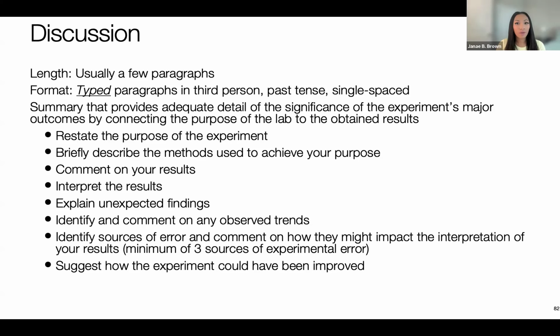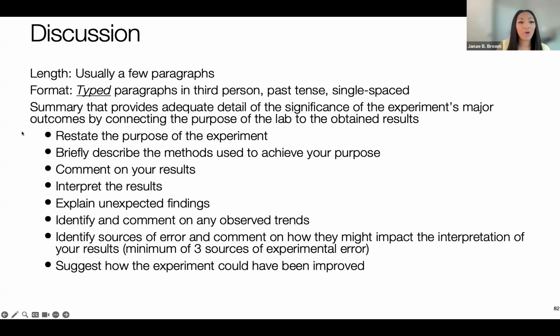As an overview of what the discussion is, it's a summary that provides adequate detail of the significance of the experiment's major outcomes by connecting that purpose that you wrote before you did the lab to the results that you collected.